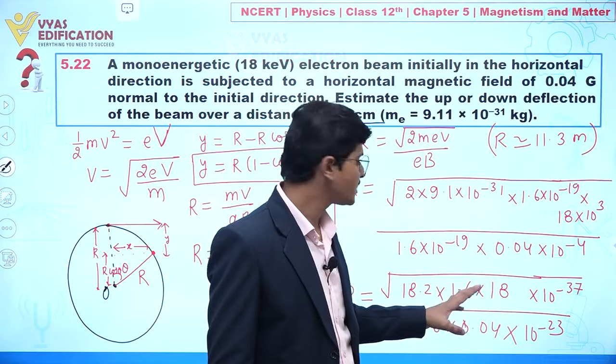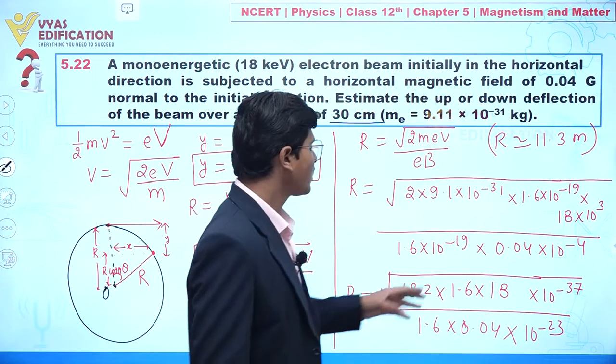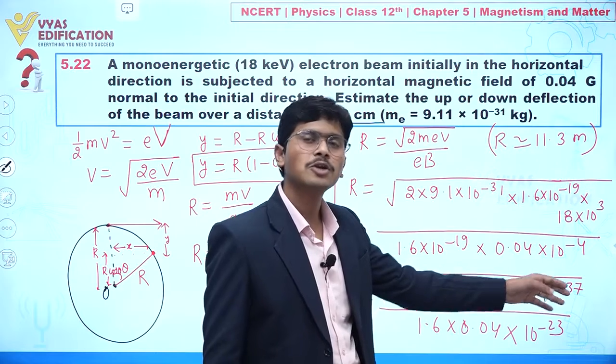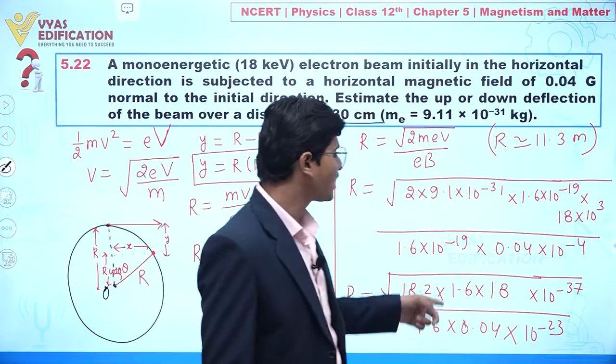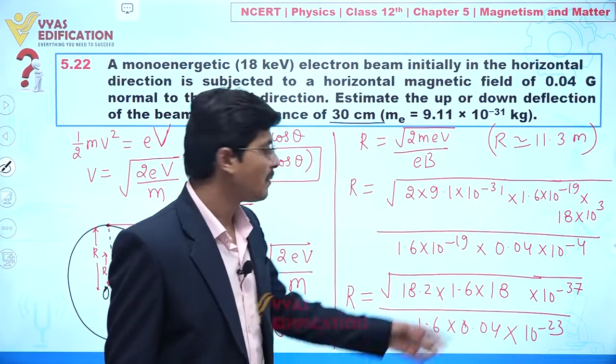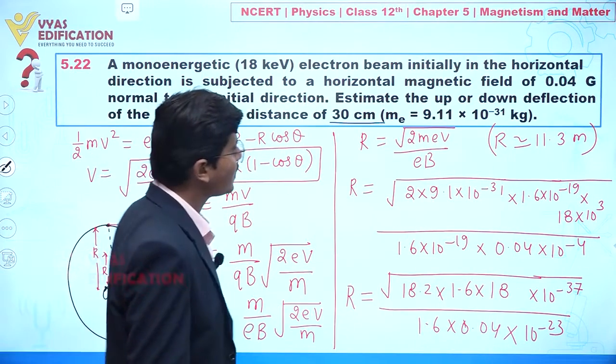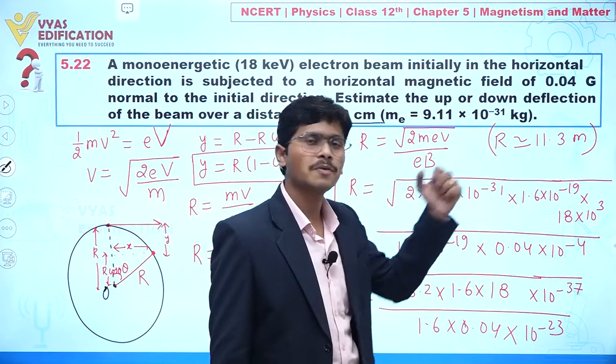Or you can write 4 by under root of 10, or 4 multiply 10 to the power minus 38. So 4 becomes 2, and this becomes 10 to the power minus 19. Clear to you? If you solve it, definitely you will get the value equal to 11.3 meter.